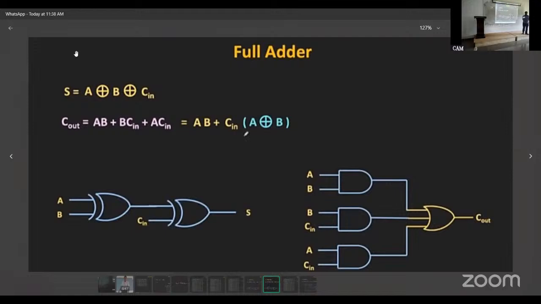So this is about the full adder. So, half adder, full adder. Over.